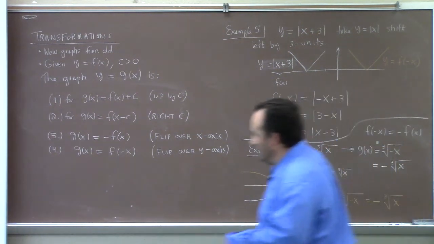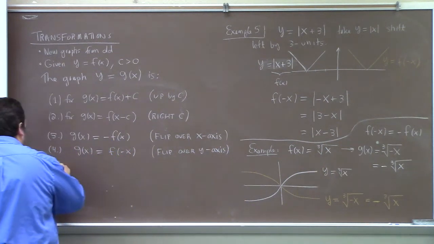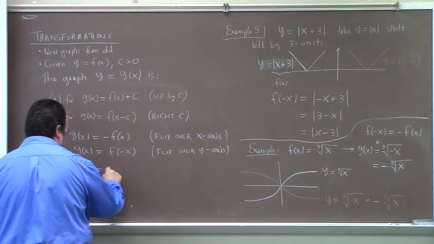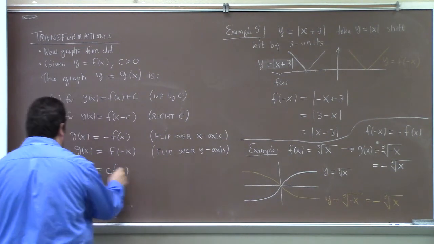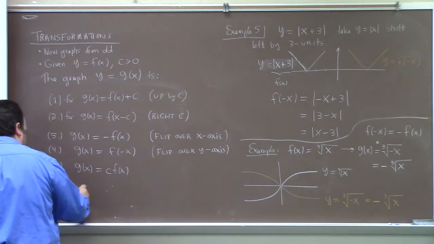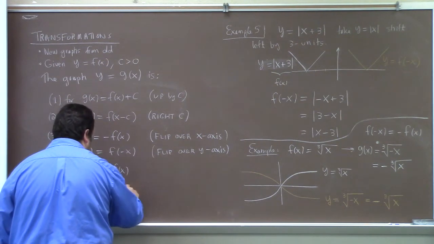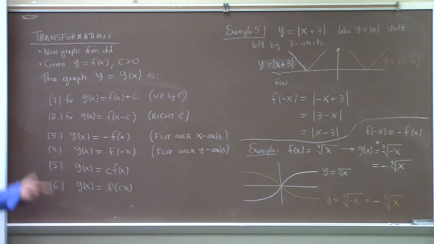Okay, moving along. 5, if we have g of x equals c times f of x, or 6, if we have g of x equals f of cx. In some sense, you can think about 3 and 4 as special cases of this, but I am assuming c is positive.